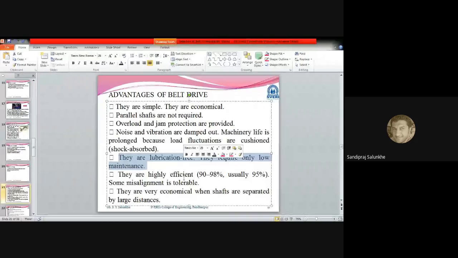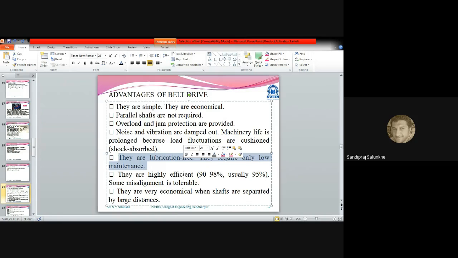Then they are very economical when shafts are separated by a large distance. Obviously, if you are going to cover a large distance with the help of, suppose, a gear drive, then what do you require? You require either a large gear or a high number of gears.